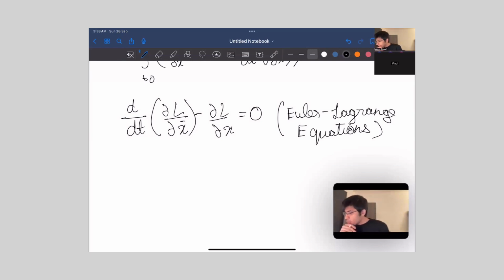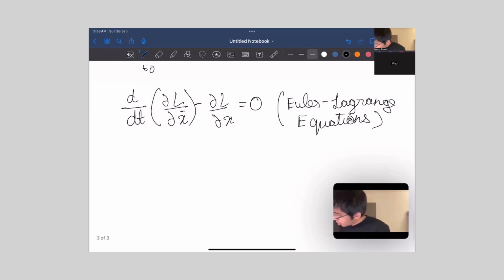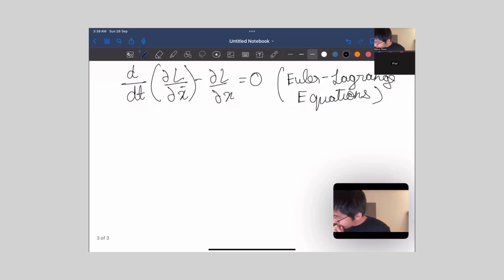Now we need to get Newton's second law from these equations. Again, not a very big ask. So we already have the Lagrange equations. Now all we need to do is write the Lagrangian in its definition. The definition of the Lagrangian is T minus V, which is the kinetic minus the potential energy, and we can just write that as half m x dot squared minus V of x.